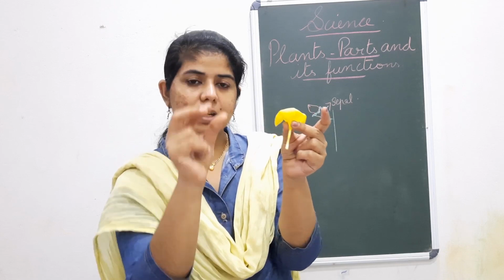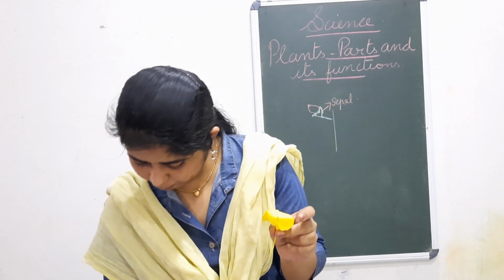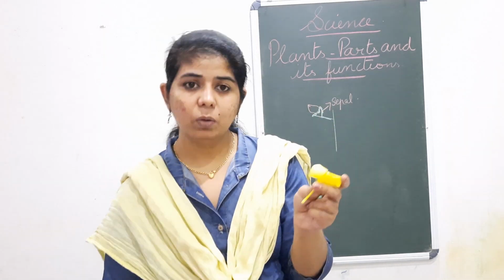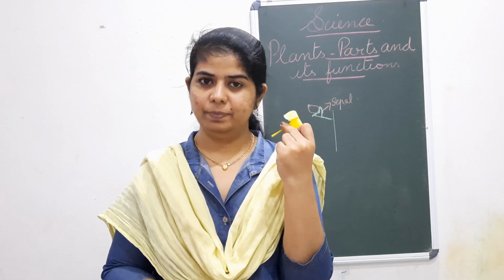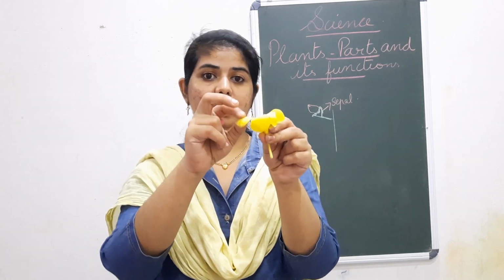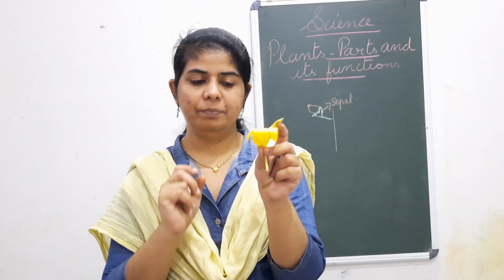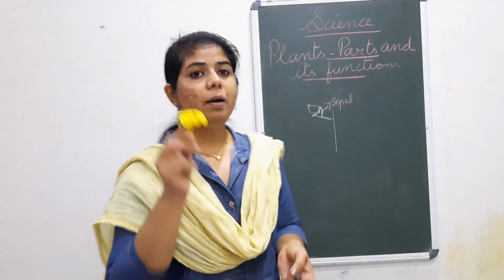In your book also you can see the sepal. Then this part is known as the petals. So that is about the flower parts. Then we will see what is the duty of the flower. Now, this is not just a flowering plant.